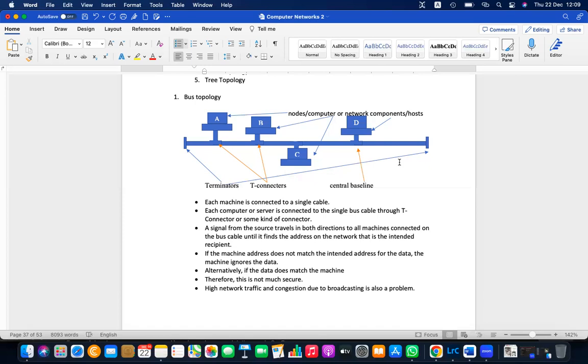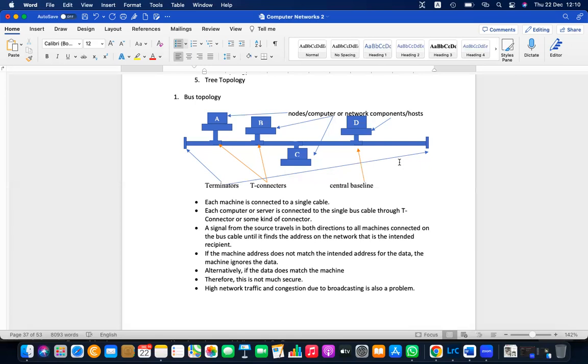But in case of a collision, what will happen? There are two things we discussed in the logical topology: one is CSMA-CD, the other is CSMA-CA. CSMA means carrier sense multiple access.